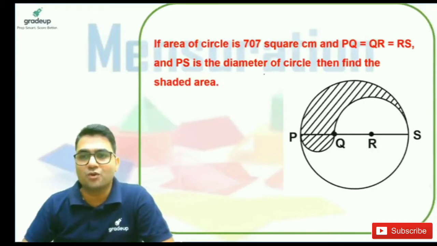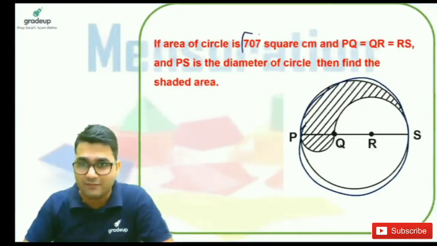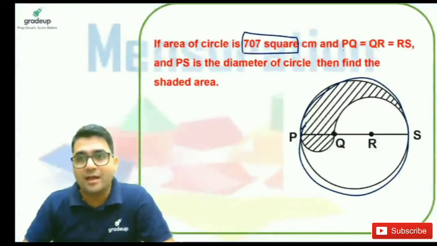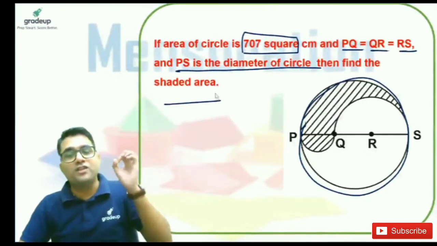So the area of this circle is 707 centimeter square, PQ equals QR equals RS, PS is the diameter, and we need to find the area of the shaded part.